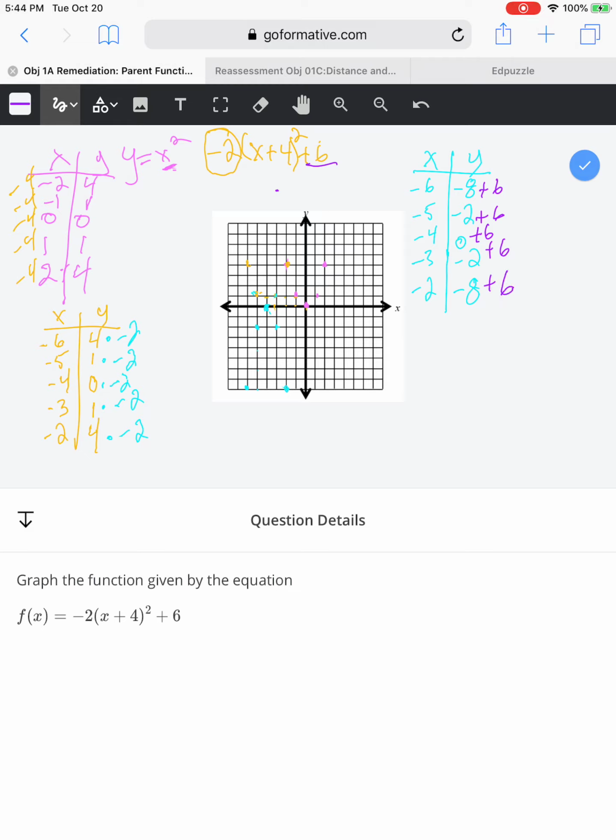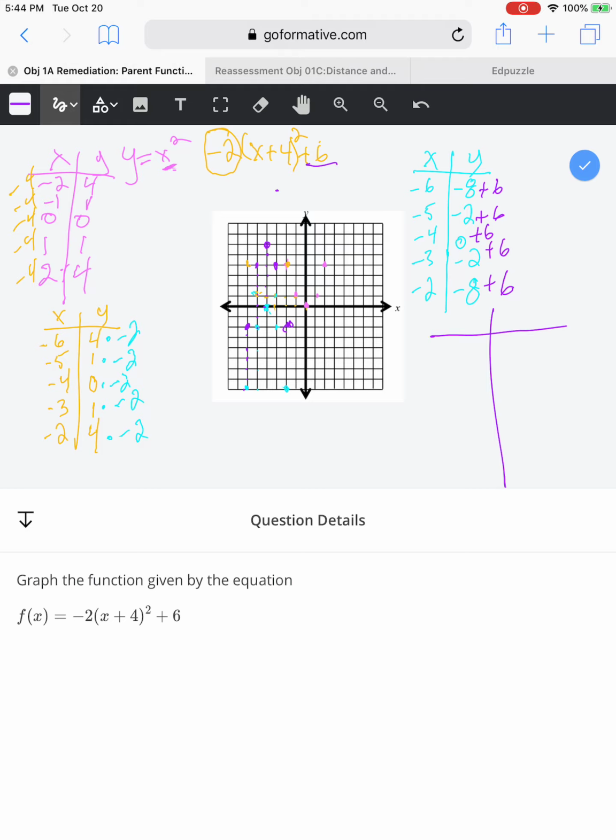And so essentially all you're doing is you're moving all of my points up 1, 2, 3, 4, 5, 6. 1, 2, 3, 4, 5, 6. 1, 2, 3, 4, 5, 6. And quadratics are symmetric.